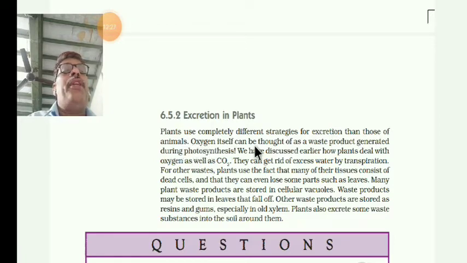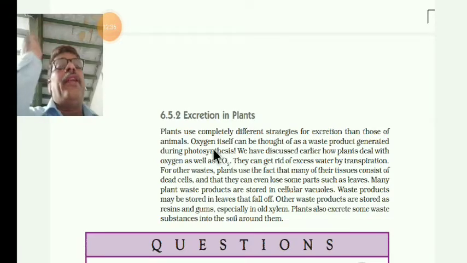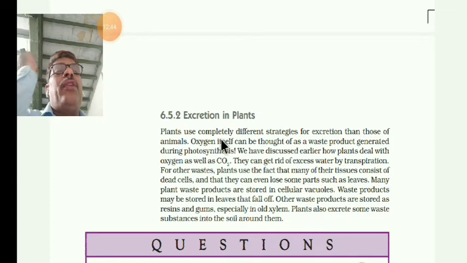Oxygen itself can be removed as a waste product during photosynthesis. During photosynthesis, plants use carbon dioxide, and oxygen is the waste and is removed. We have discussed earlier how plants deal with oxygen as well as carbon dioxide. During respiration, oxygen is taken in and carbon dioxide is removed. In this way, plants remove waste products.